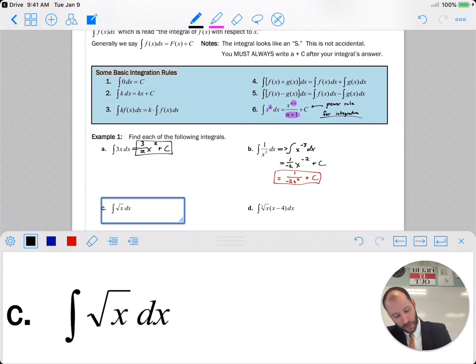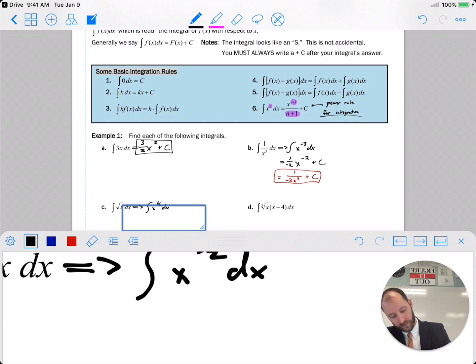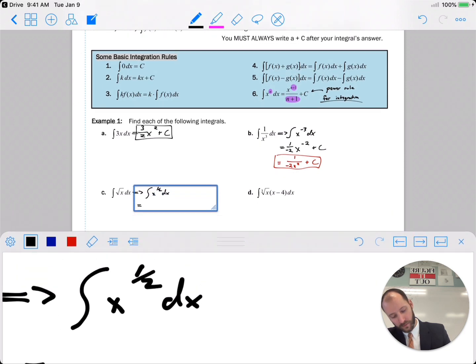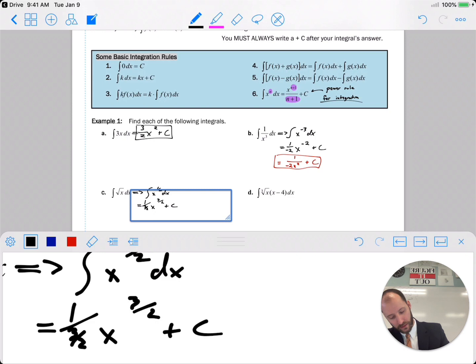Example C, not a bad idea to do a rewrite. So the indefinite integral of x to the 1/2 dx. So go ahead, evaluate. Increase your exponent by 1, so 1/2 increased by 1, x to the 3/2, and divide your coefficient by your new exponent, so 1 over 3/2 plus c.